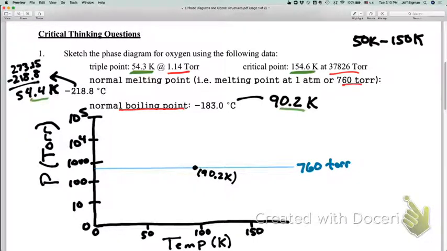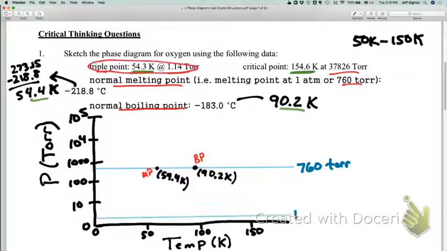Then I'm going to do the same thing for our normal melting point, which is at 54.4 K and 760 torr. So I would put in a point there, just like that. And probably I should go ahead and label those as the boiling point and the melting point. Next, I'm going to add in my triple point, which is at 54.3 K and 1.14 torr.